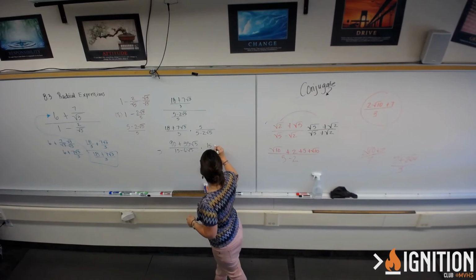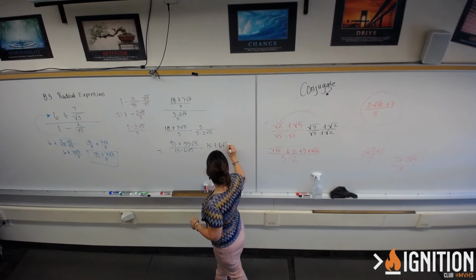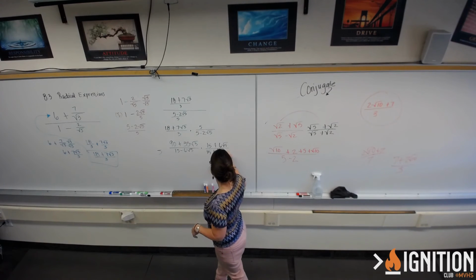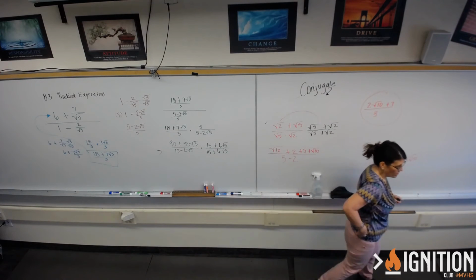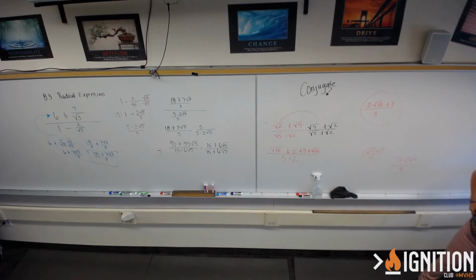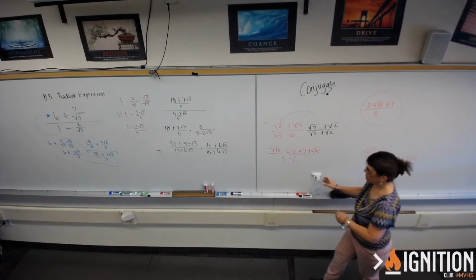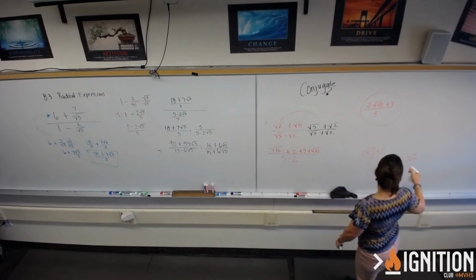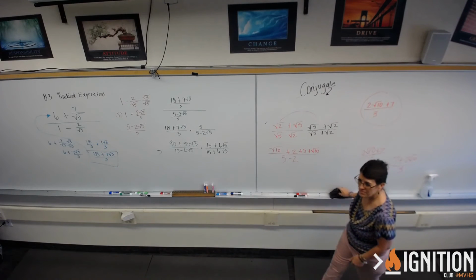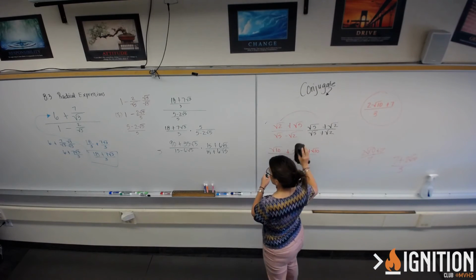15 plus 6 root 5 over 15 plus 6 root 5. Okay, don't pull out your calculator. Oh, wait, yeah, it's minus, not plus.